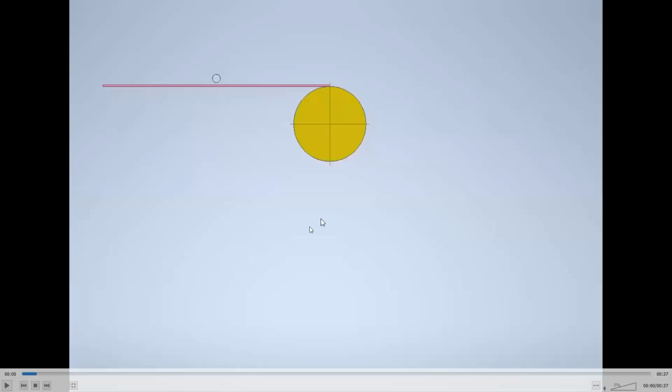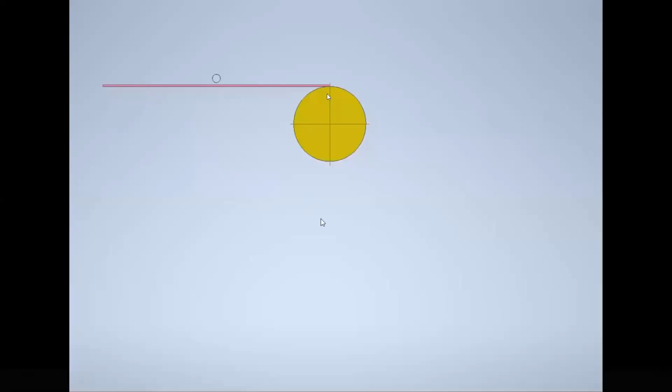In this animation, you can see the double involute curve. That means if this is the rod, initially it is tangent to the circle.